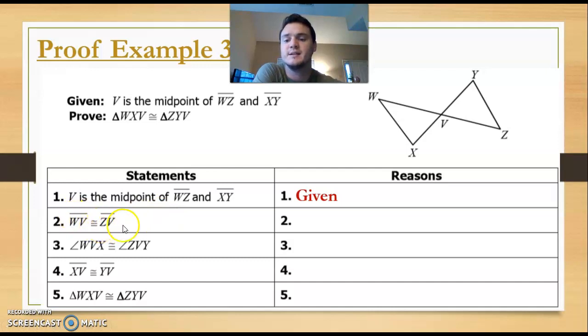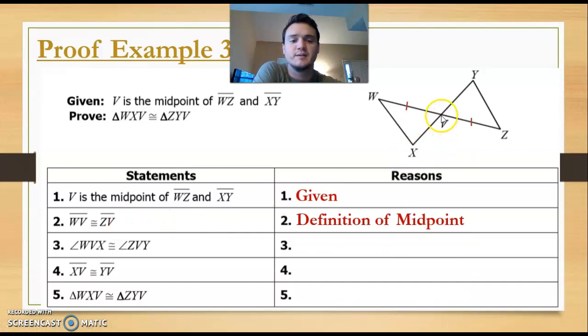WV is congruent to ZV. We know that because it told us that V is the midpoint. So the definition of a midpoint: if V is the midpoint, then those two sides are going to be the same. Mark them congruent. Now, this is where it can be a little bit tricky. So it says WVX, this angle right here, is congruent to ZVY.